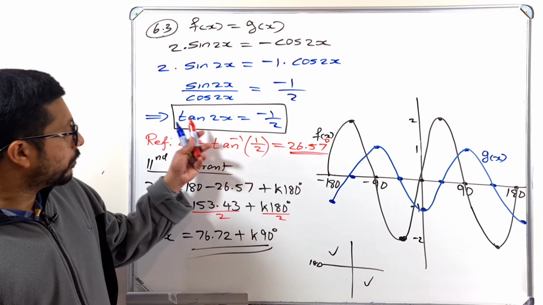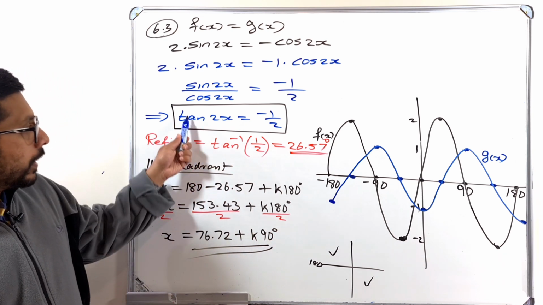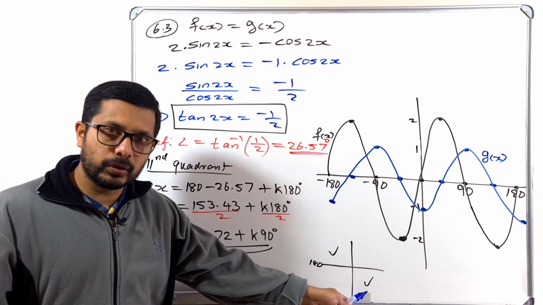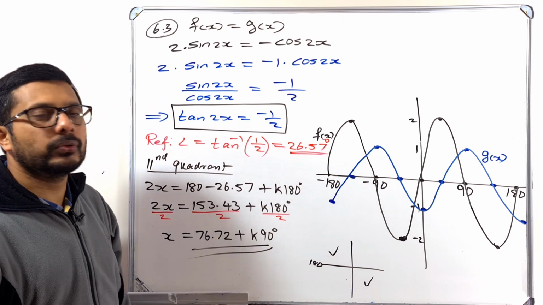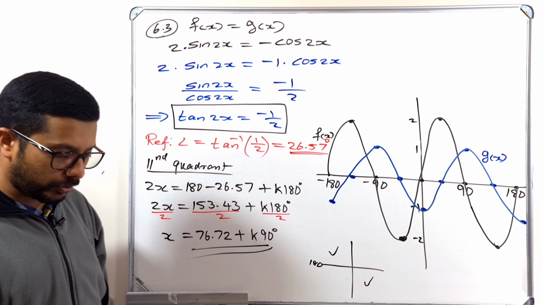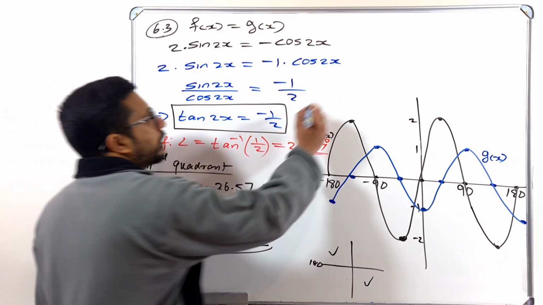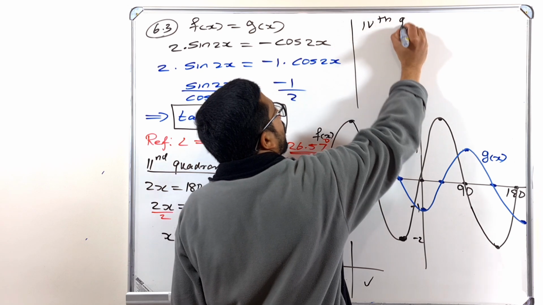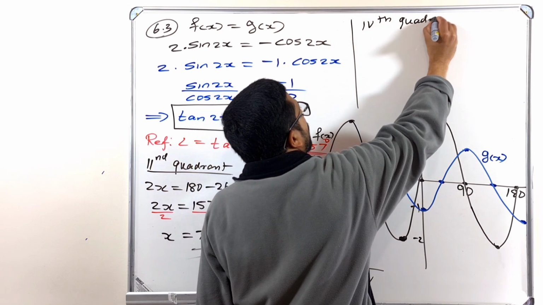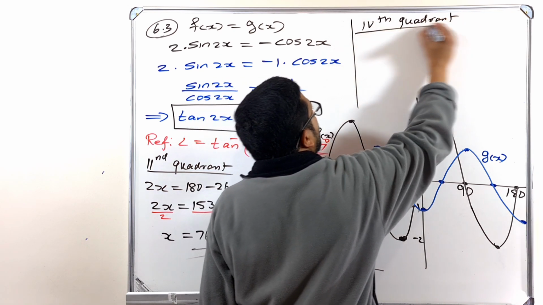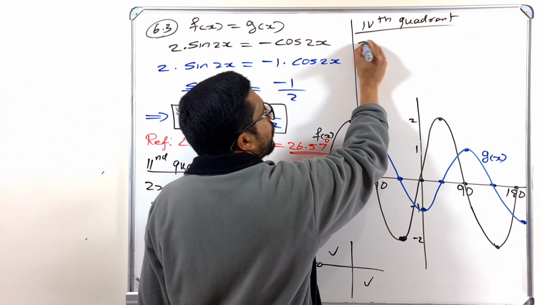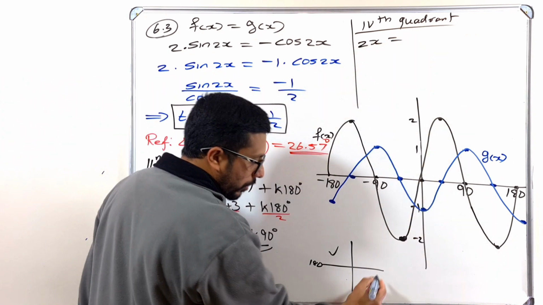So I already told you tan is negative in the second quadrant and fourth quadrant. So now we have to write the fourth quadrant. Here the angle is 2x, so 2x is equal to the fourth quadrant. How can you write it?